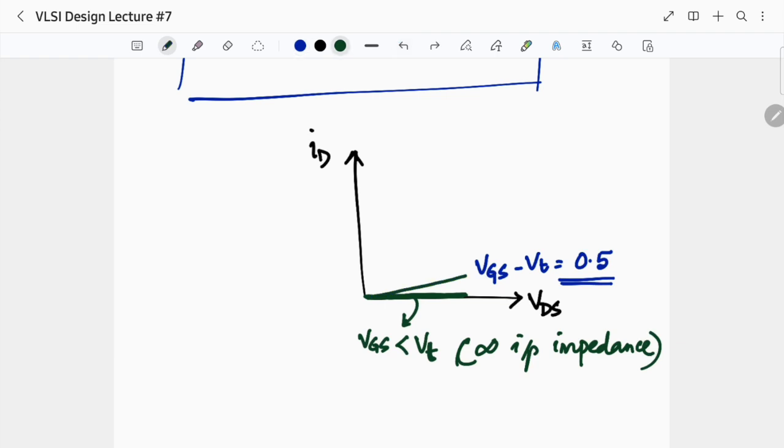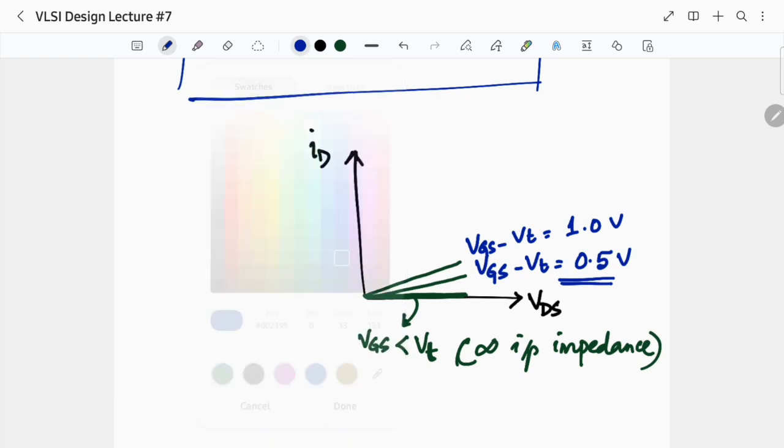Now, let's see what happens if I increase this difference, VGS minus VT equals 1.0 volts. Now I have increased the difference, so my current flow has also increased. It is directly proportional, right? So I have got an increased output.